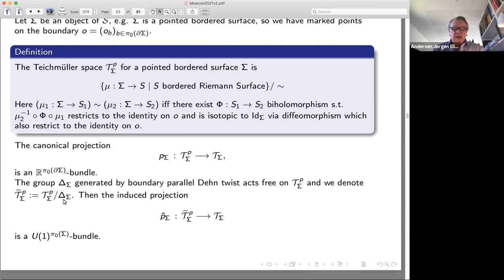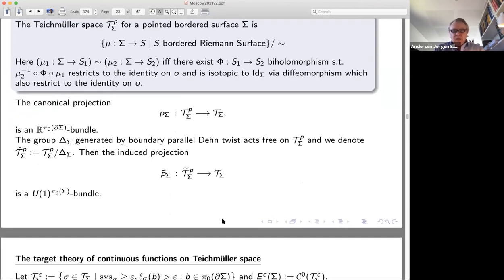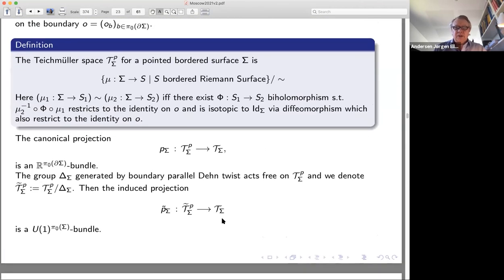And if you mod out by that group, you now still have something that fibers over the usual Teichmüller space, but the fibers are now circles, and there is a circle per boundary component. So if there are n boundary components, it's U(1) to the n fibers over that. Okay, so those are the Teichmüller spaces I'm interested in.